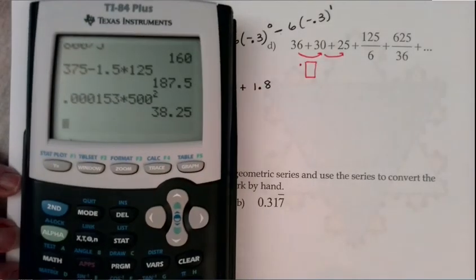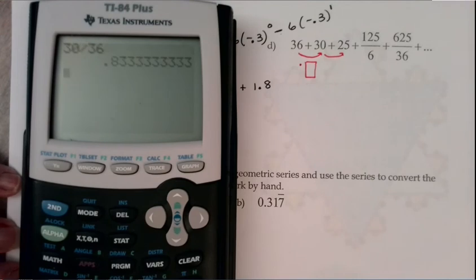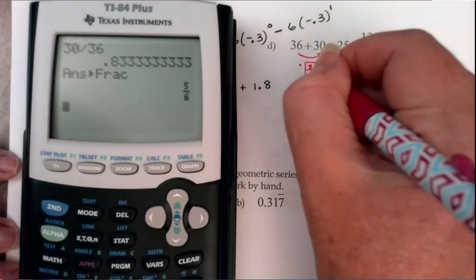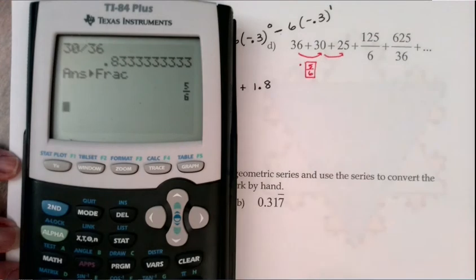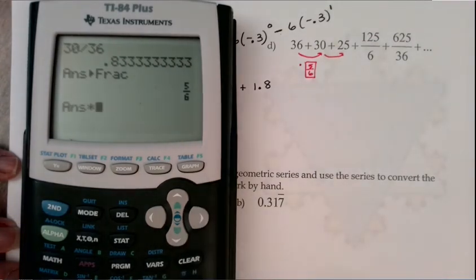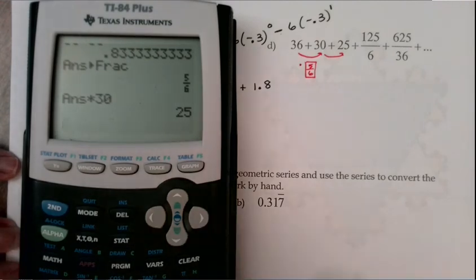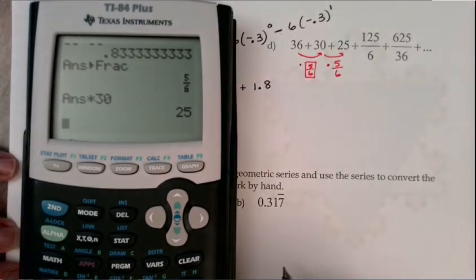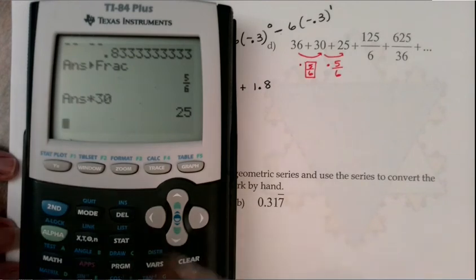I could take the 30 divided by the 36 and change that to a fraction, and it would be 5/6. And we could check that out. If I take 5/6 times 30, do I get 25? Yes, I do. So indeed, it does look like 5/6 is the common multiplier here.